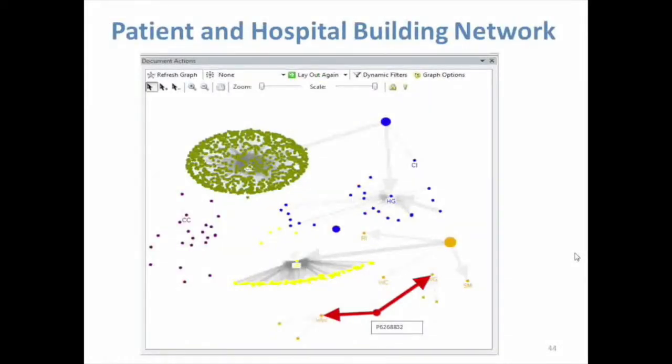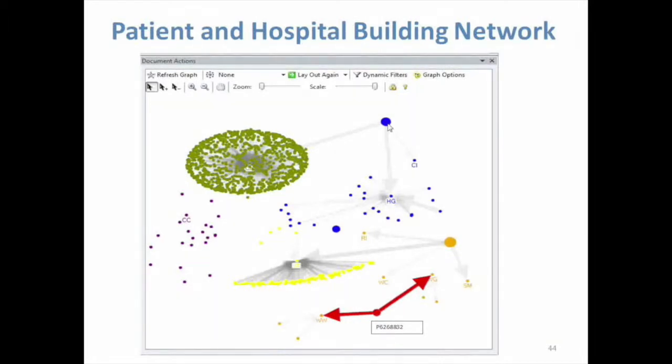This is a different data set, but I'd like to show you the two-mode network, which is the patient and the hospital buildings. What is interesting here is that you can see that the CC is isolated and has no connection with other hospital buildings. But what is very interesting is that up here, this patient has what we call high betweenness centrality.